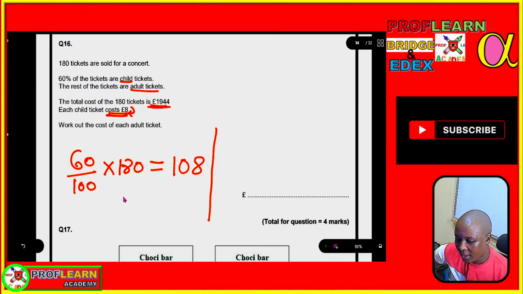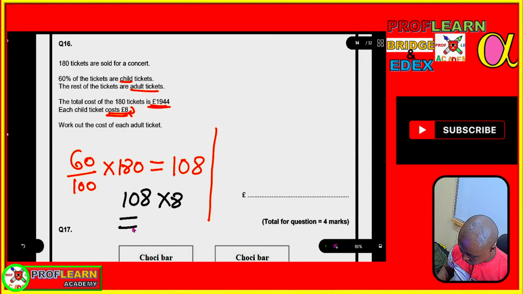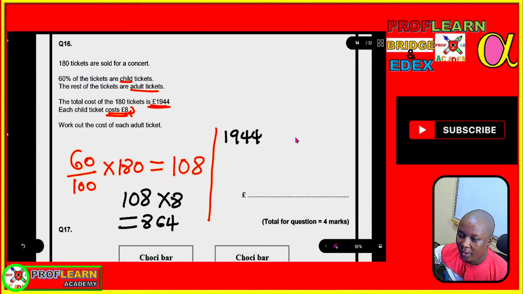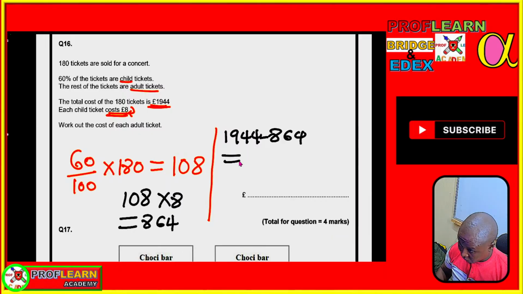So which means that the total amount for the tickets that were sold for the children will be 108 times 8, which will be 864. But the total amount will be 1944 minus 864.